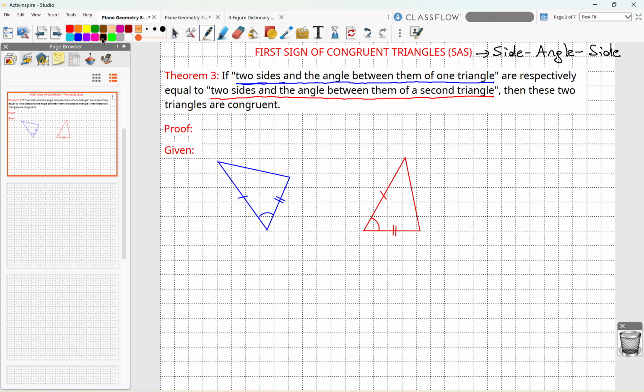One more thing I want you to realize is that the theorem is written as a conditional clause. If P, then Q, right? Whatever you see between if and then, that's P, the condition or the given information in our proposition.